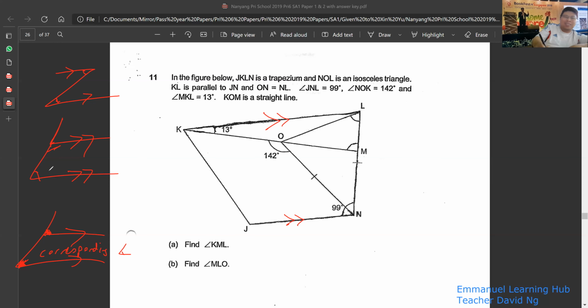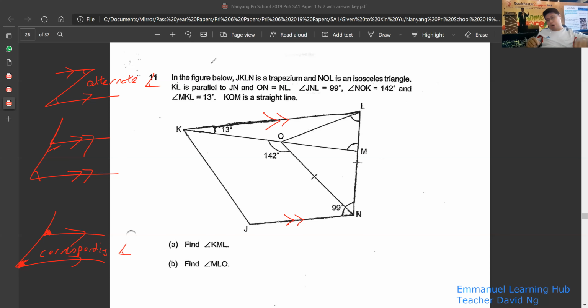You know why? PSLE is not going to ask you what kind of angle these two angles are. They're not going to ask you that. But do you know why you need to know the terms? Because in the question then you know what you're finding.